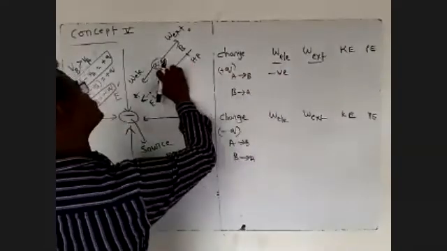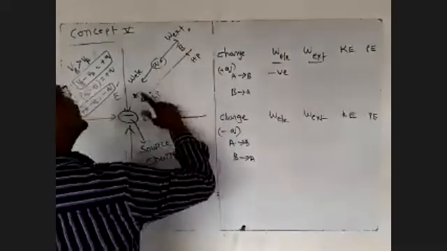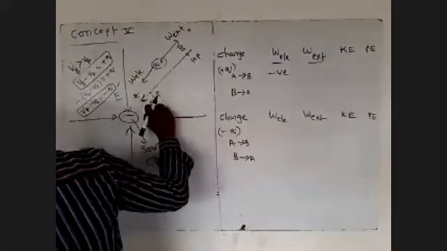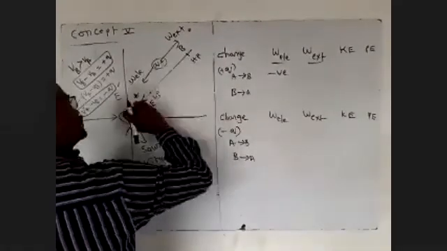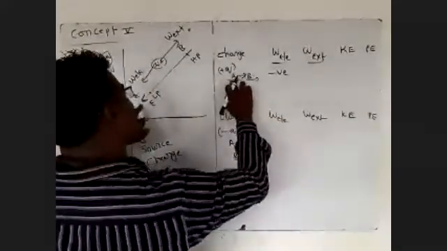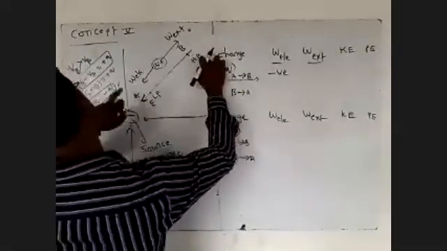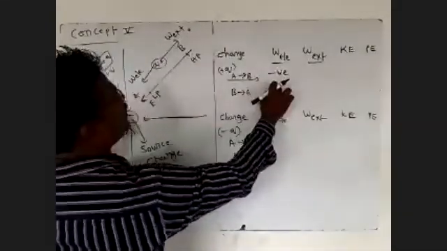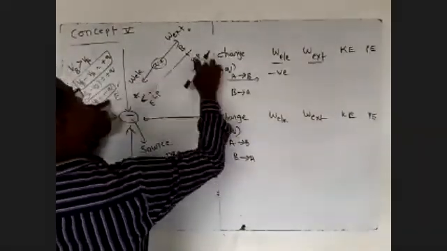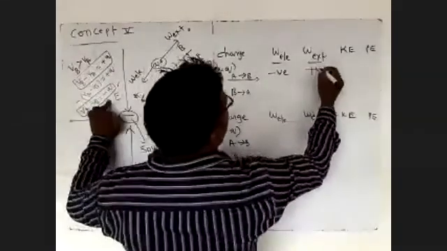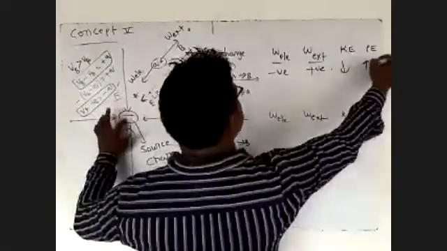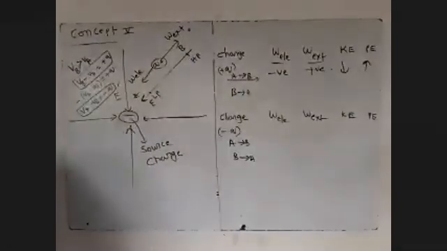External means the positive charge moves from B to A. The charge moves from A to B, which means negative work done. So the charge should be moved from A to B in the direction of the external force. External is positive. For the negative charge, kinetic energy decreases and potential energy increases.